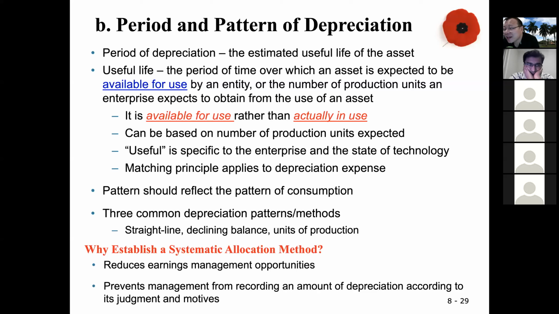You can't say, actually I only use this asset for 5 years, so instead of 10 years I should use 5 years. No. It has nothing to do with how many years you actually use it. It is about how many years the asset is available for use. Does that make sense?